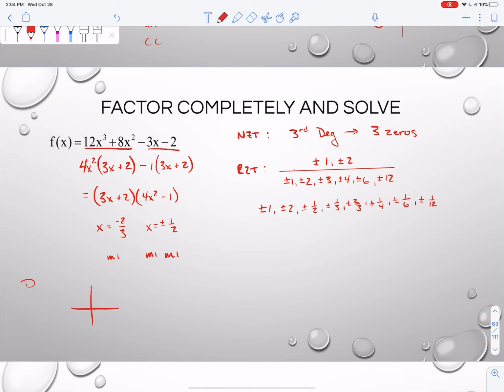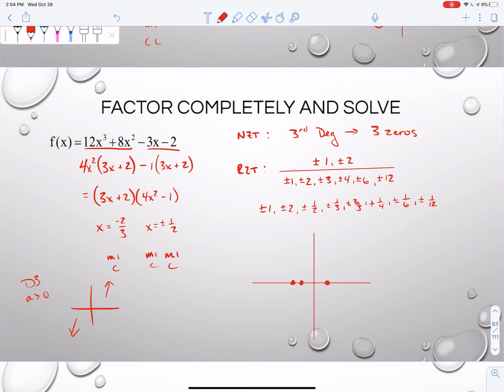Degree was 3, a was positive, so end behavior is going to be down and up. I cross at each of my 3 solutions, or zeros, and those zeros occur at -2/3, at -1/2, and at +1/2.